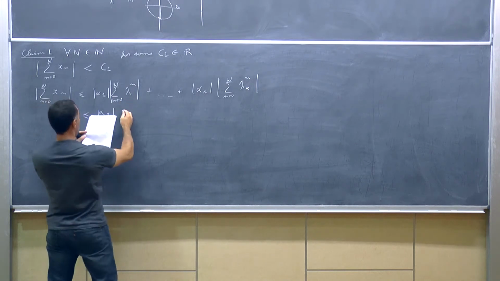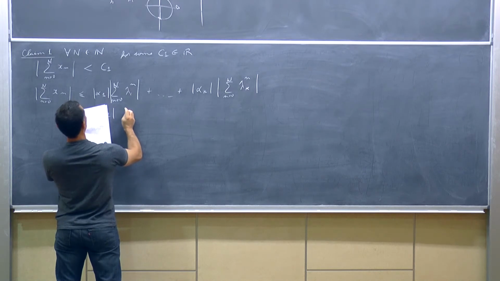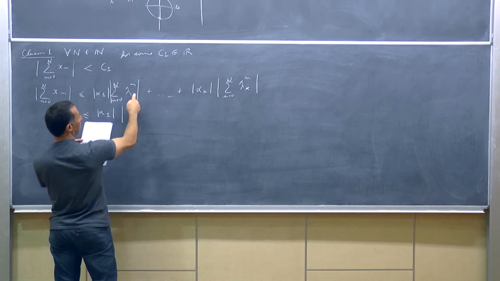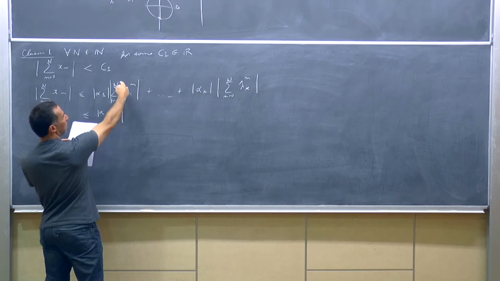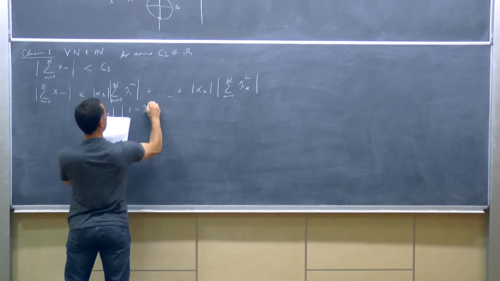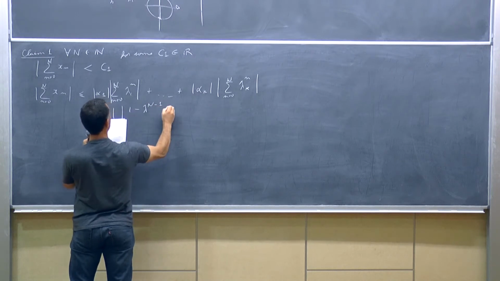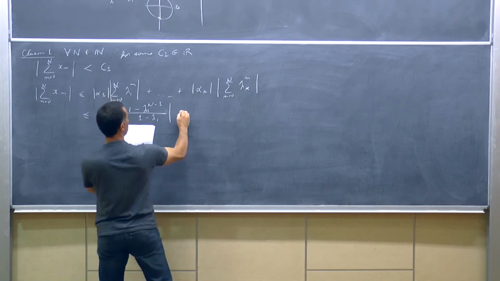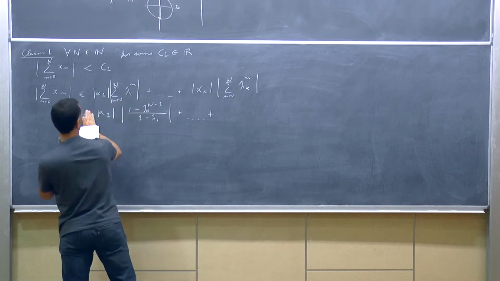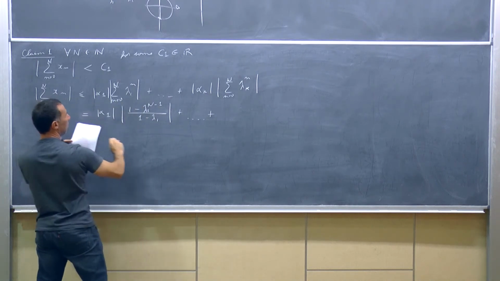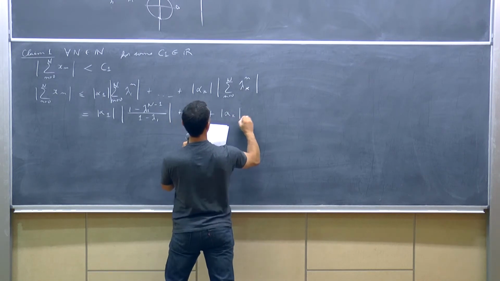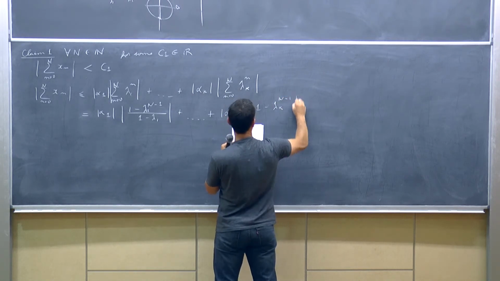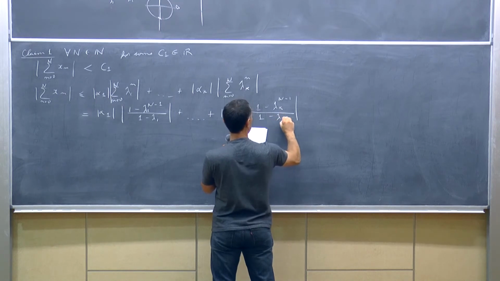Now I can calculate this sum explicitly; this is a geometric progression from 0 to N, so this is alpha 1 times (1 minus lambda 1 to the N plus 1) divided by (1 minus lambda 1), plus dot dot dot, plus alpha k times (1 minus lambda k to the N plus 1) divided by (1 minus lambda k).